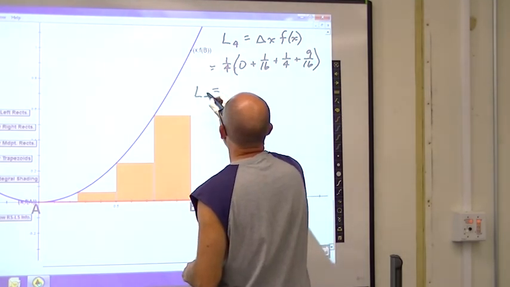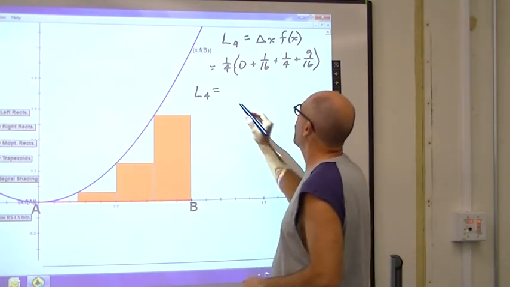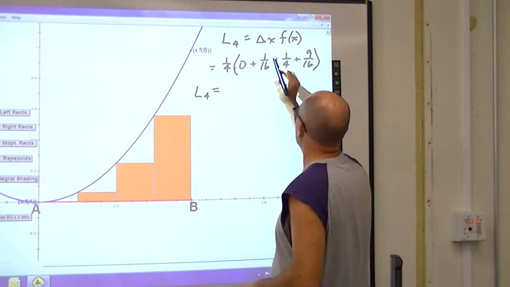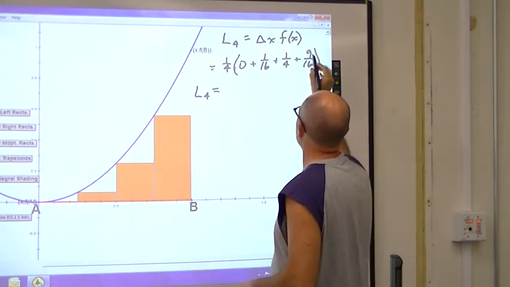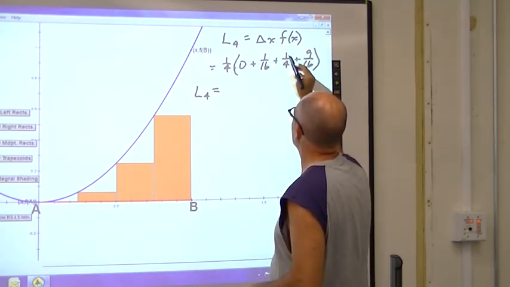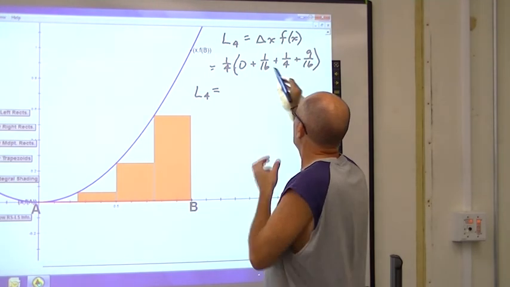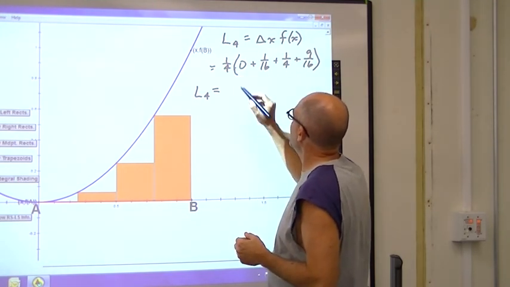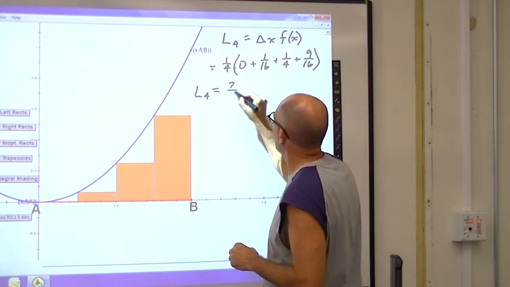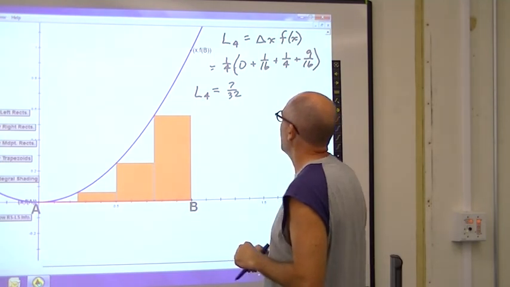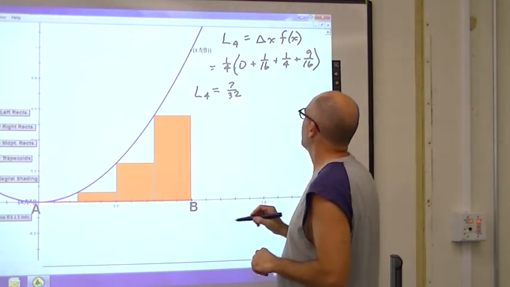So L sub 4, the area with 4 rectangles, is going to be 1/16 plus 9/16 is 10/16 plus another 4/16 is 14/16. So that's 14 over 64, or 7 over 32. That's the area of L sub 4.